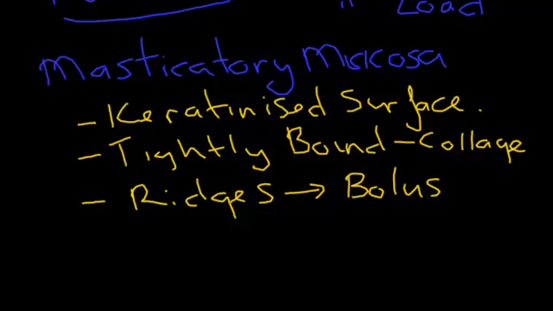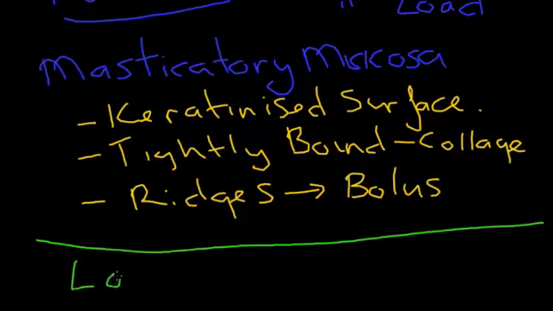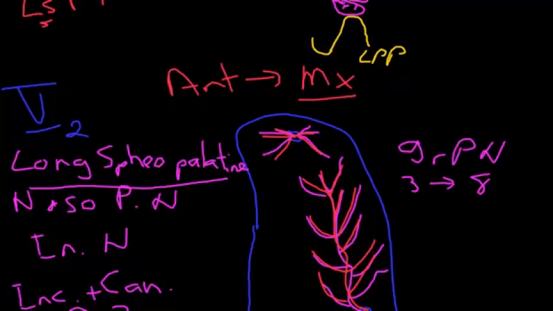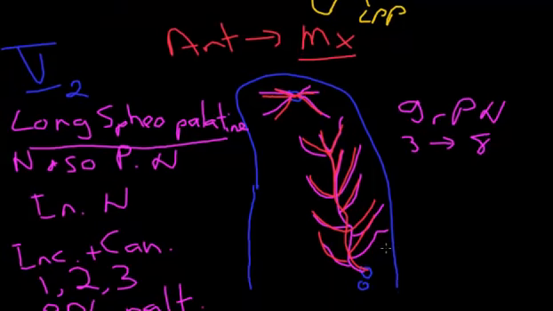Alright, we're just going to spend 5 minutes at the end here thinking about local analgesia. If you were having to give local analgesia for palatal mucosa, the key question that everyone asks at the beginning is, where would you put the needle tip and inject the solution to numb different parts of the palate?